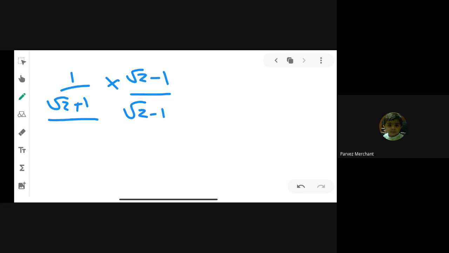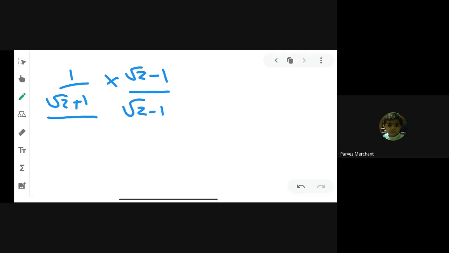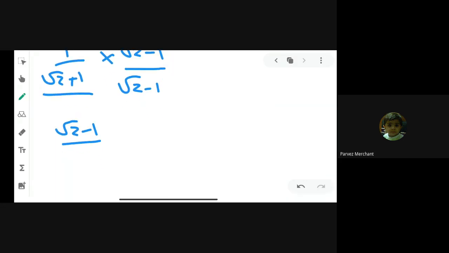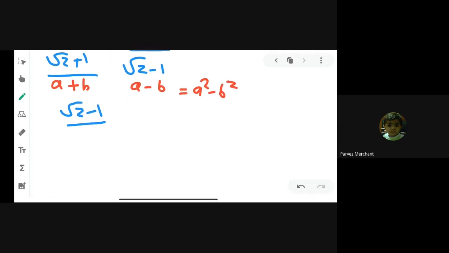Clear to all of you? Now you can see root 2 minus 1 times 1 is root 2 minus 1 in the numerator. In the denominator, we apply the identity A plus B times A minus B, which equals A square minus B square.